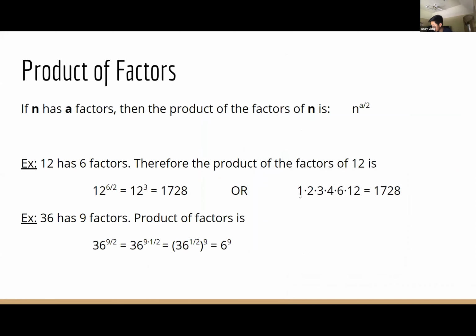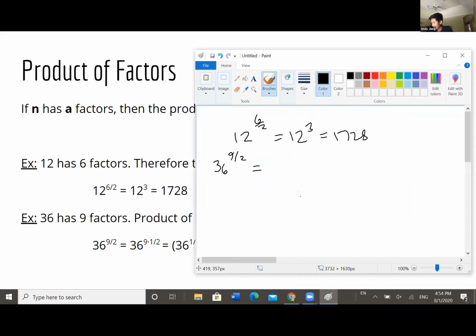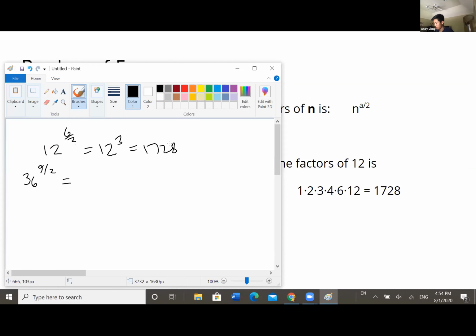And I guess you can look at this list right here and then see why that works. If I have 6 factors and I try pairing the first and last, the second to the second to last, third to the third to last, then I get 3 pairs of numbers, or 6 over 2 pairs of numbers.